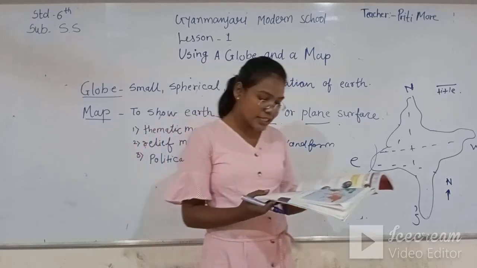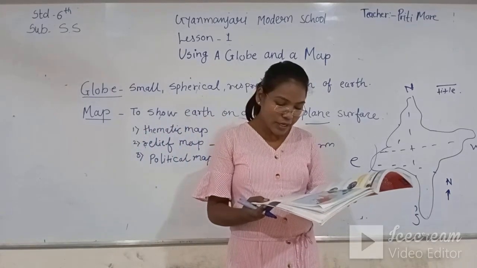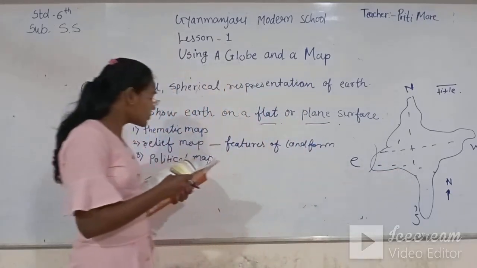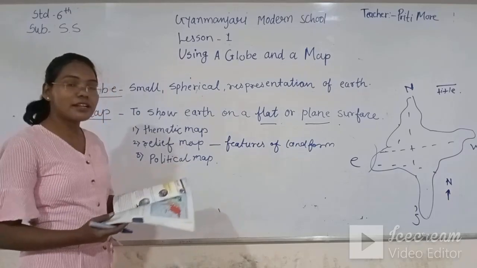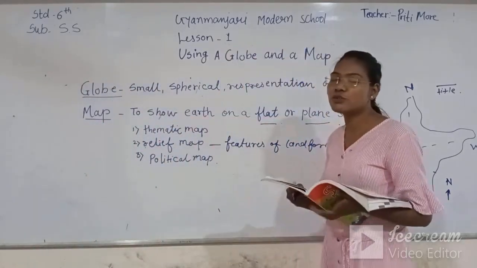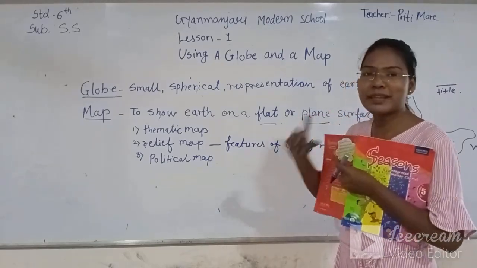These maps are usually colored in various shades of green, yellow, brown and blue to depict the different features. That means different colors are used for shading, to highlight a specific area.